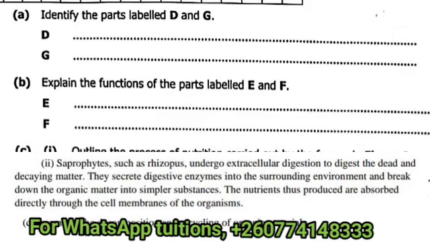The nutrients thus produced are absorbed directly through the cell membranes of the organisms.